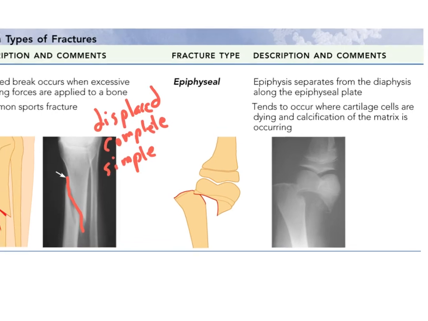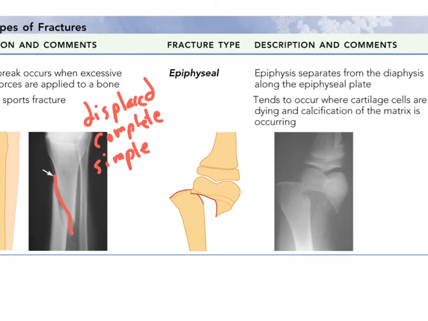If we look at the epiphyseal fracture, I think of a bowling pin almost that has been knocked over. You can see the tip of the epiphysis left here. This is a displaced fracture, obviously. This is a complete fracture, as it almost always is.